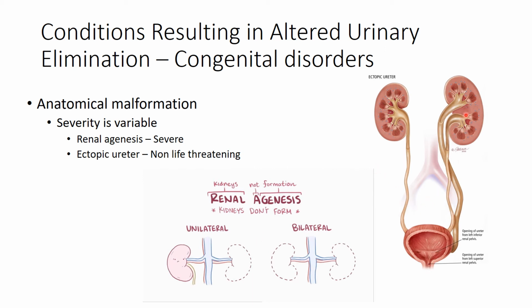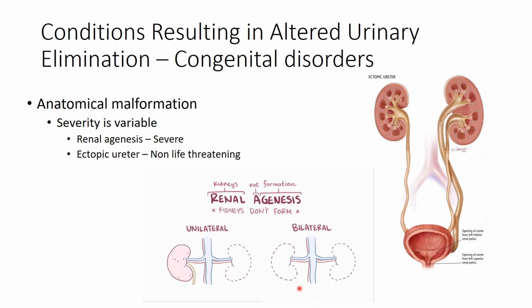And so here's the ectopic ureter. This is multiple ureters originating from 1 kidney. Okay, and so we see 2 ureters. That is not life-threatening. Okay. Now the agenesis is a severe condition. If it's unilateral, you can survive on 1 kidney. Now, the bilateral renal agenesis is very severe.